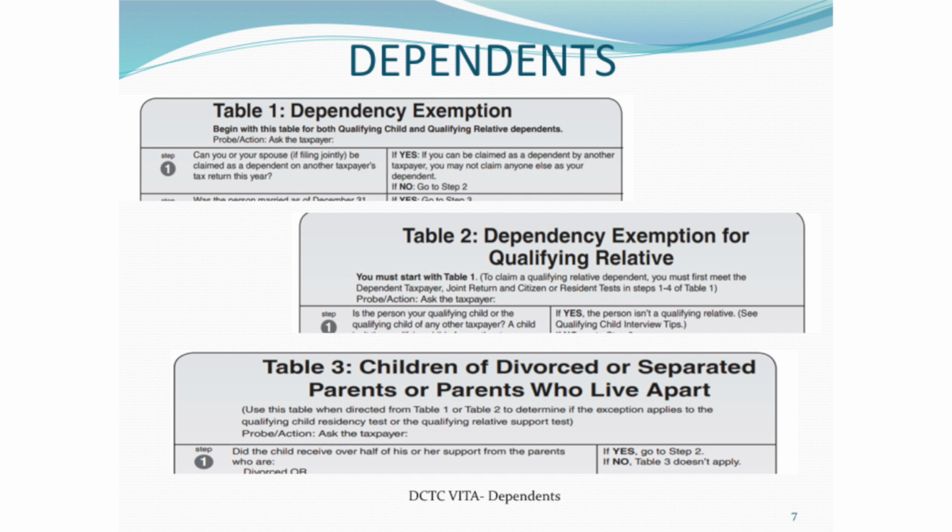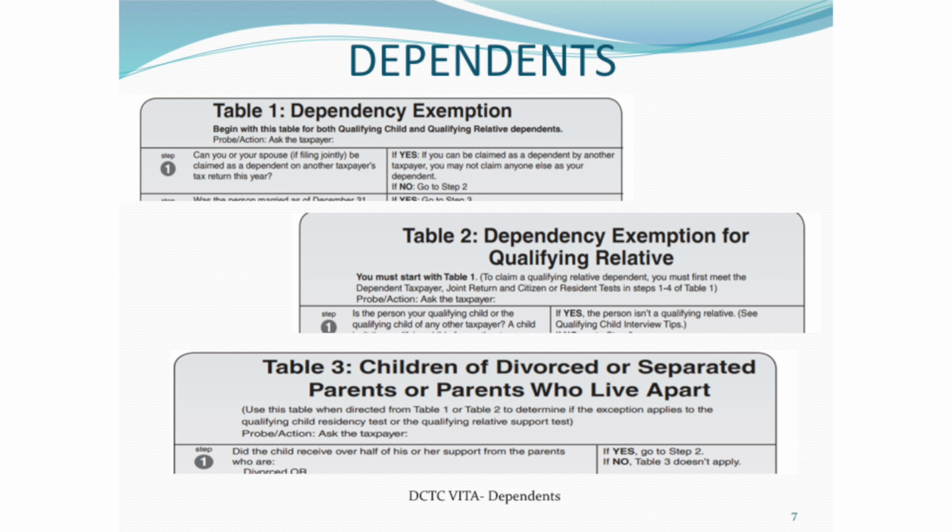For instance, Table 1, Step 5. If the answer is no, it directs us to Table 2, Dependency Exemption for Qualifying Relative. In fact, reading through Table 1 directs us to Table 2 in several other steps as well.